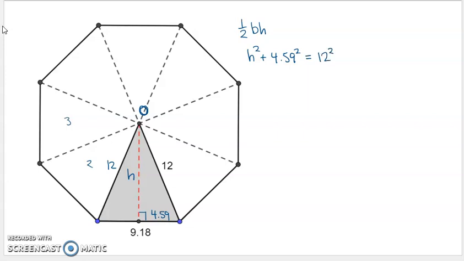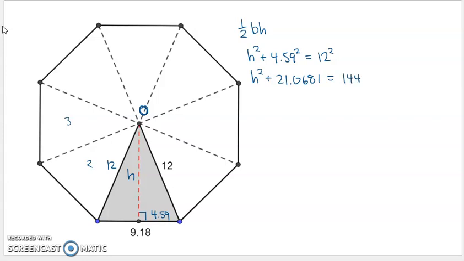So what I get from that is h squared plus, and I'll round to, say, 4 decimal places, 21.0681 equals 12 squared, which is 144.